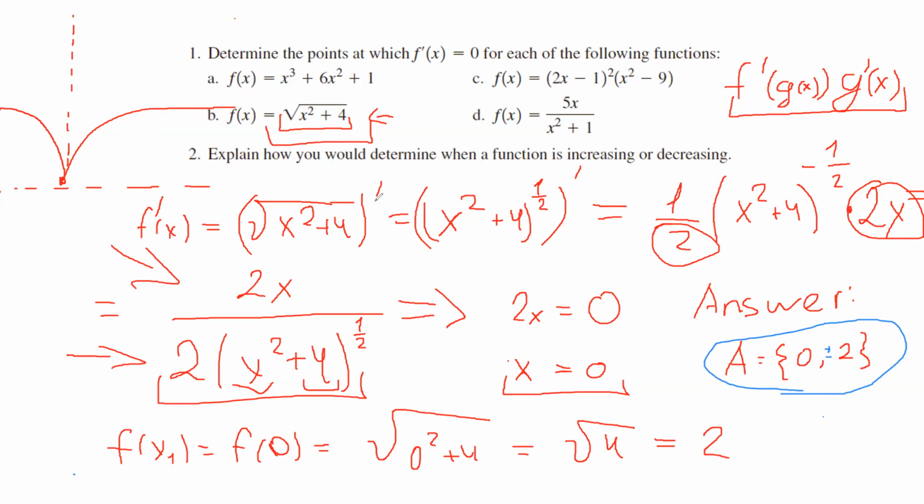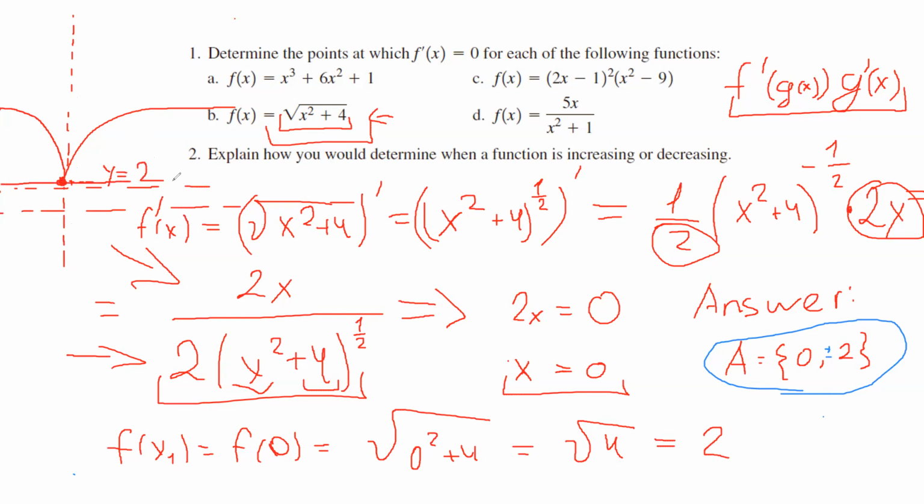It's only +2. So this is the coordinates on the initial function. It means that x equals 0, but y equals 2. You see? Yeah, I got it.